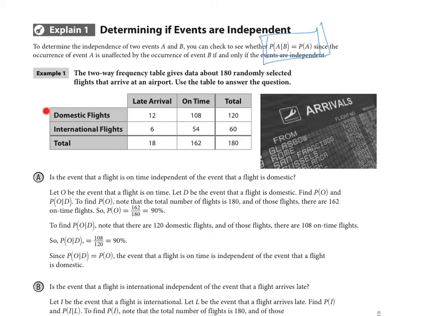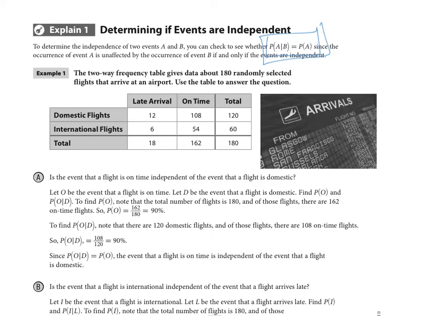Looking only at the top row of our two-way table, there are 120 total domestic flights, and of those flights, there are 108 of them that are on time. So the probability of on time given domestic is 108 divided by 120, or also 90%.